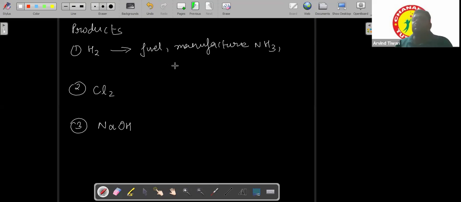Hydrogen can also be used for the manufacture of HCl, hydrochloric acid. You have got hydrogen, you have got chlorine, so you can combine them to form HCl, hydrochloric acid, which is an important chemical. See, what vast products we are obtaining from this and the different uses we can have.